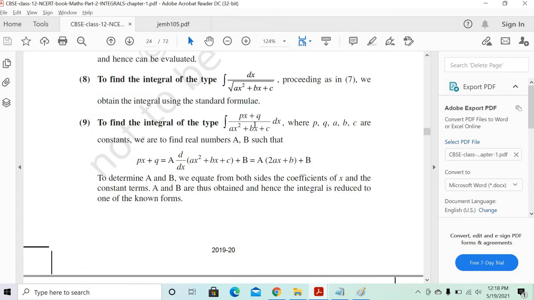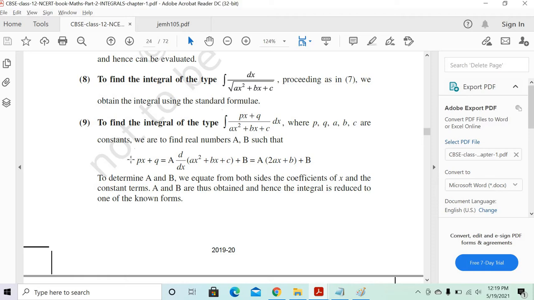Which are done? Have you done this part? Yes, sir. Okay, now look at this part. Whatever you have written, px plus q, the numerator is equal to a constant term a into the differentiation of the denominator plus b. Got it? So basically we want the numerator to be the differentiation of the denominator plus a constant term.